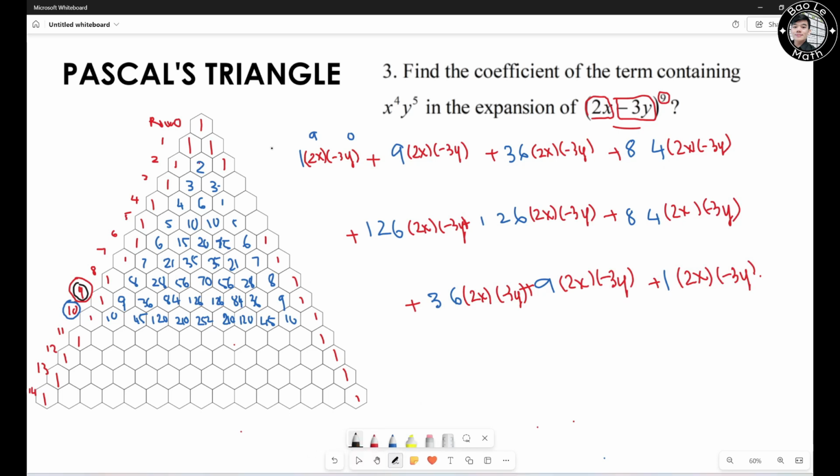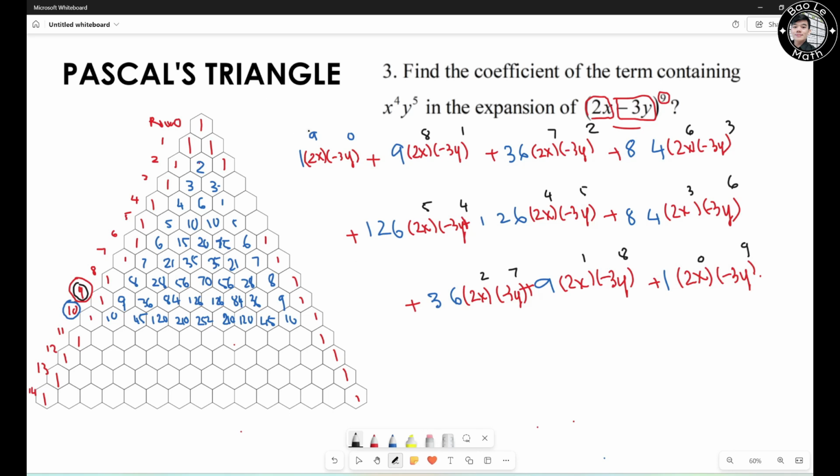Right, now we need to find the power of the first term right here. So it can be this one 9, this guy must be 8, this guy 7, this guy 6. The powers go 9, 8, 7, 6, 5, 4, 3, 2, 1, 0, and the second term goes 0, 1, 2, 3, 4, 5, 6, 7, 8, 9.